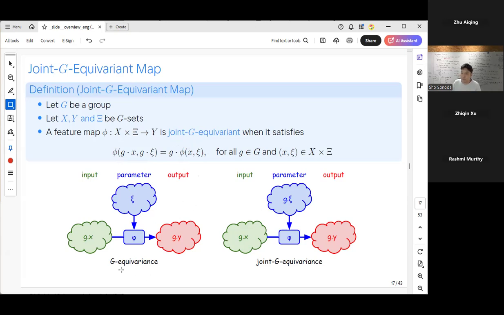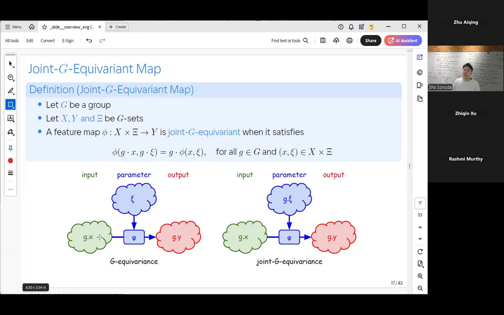Traditionally, there are group equivariant networks, right? Like the networks proposed by Taco Cohen, for example. Those networks are a subclass of our joint group equivariance. The difference is that in the traditional group equivariance case, we do not assume the group action on parameter Z.